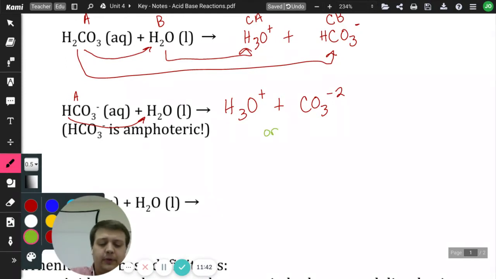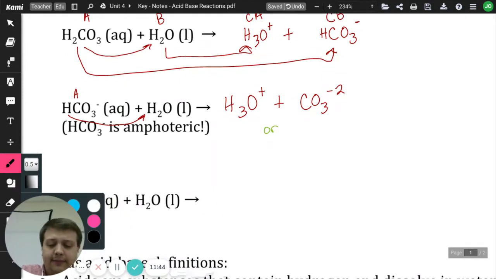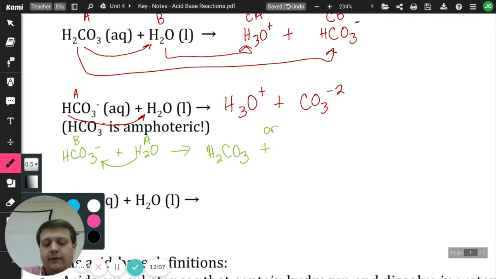Or I could have the HCO3- acting as a base, plus H2O, which means my water would act as an acid, so it's going to donate that hydrogen. Then we would produce H2CO3 and OH-. Okay, so either way, these are both acceptable answers.